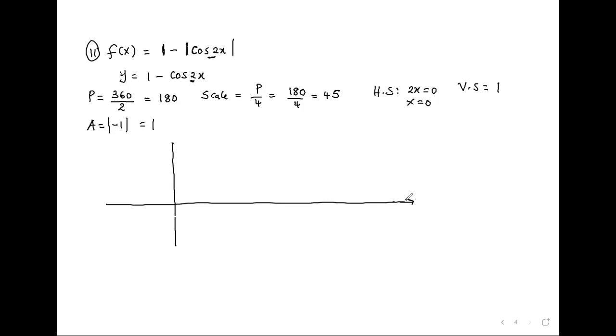The period is 180 and the scale is 45 and the horizontal shift is 0. So I'll start from the horizontal shift from 0 and then add 45. Is the vertical shift 1 or negative 1? It's 1. Yeah, it's plus 1. So you get this one as it is.